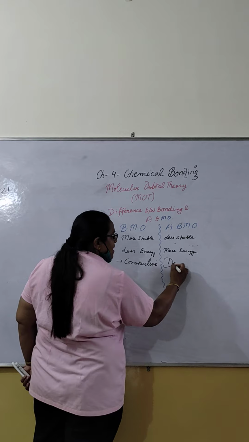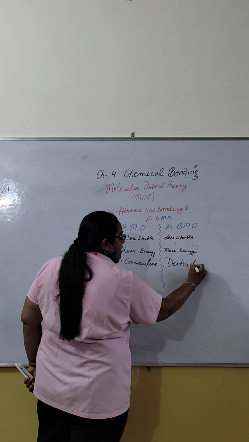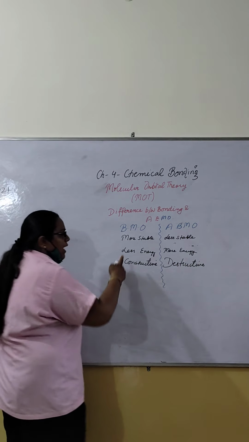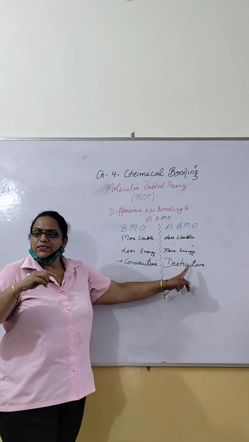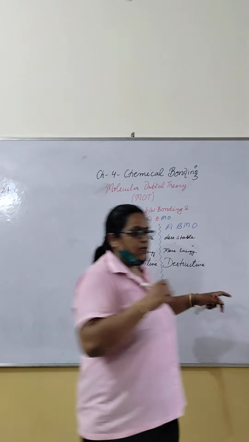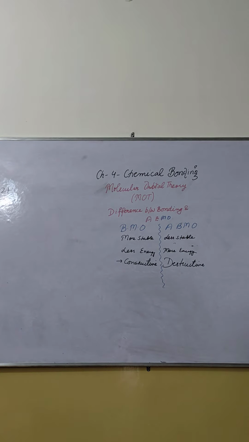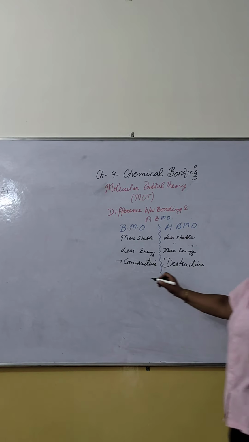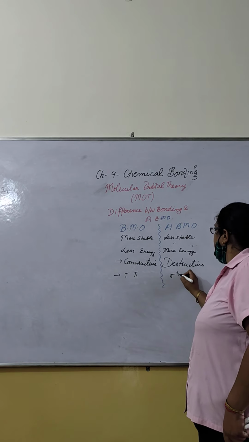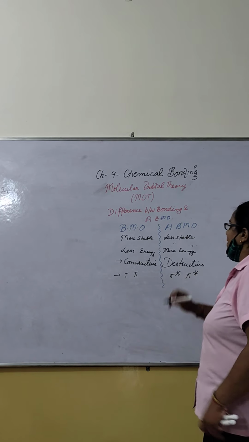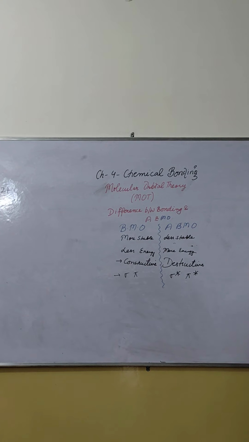Anti-bonding is formed by destructive interference. I mean bonding is formed by additive effect, anti-bonding by subtractive effect. Bonding is represented by sigma, pi. Anti-bonding is represented by sigma star, pi star, etc.